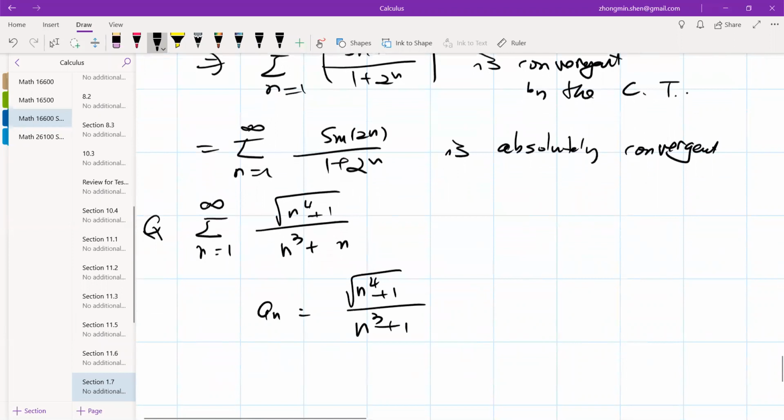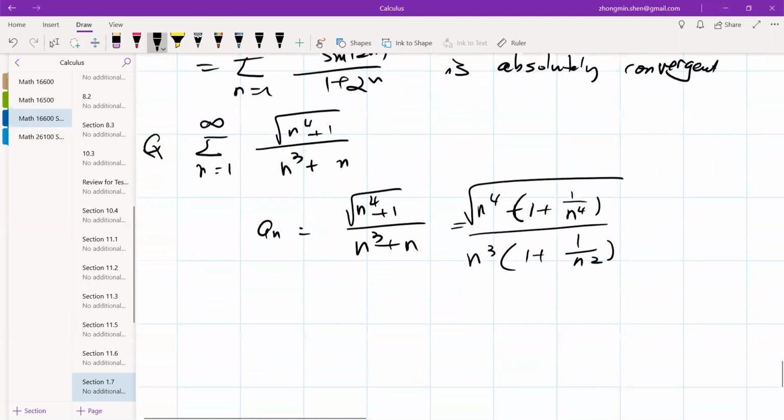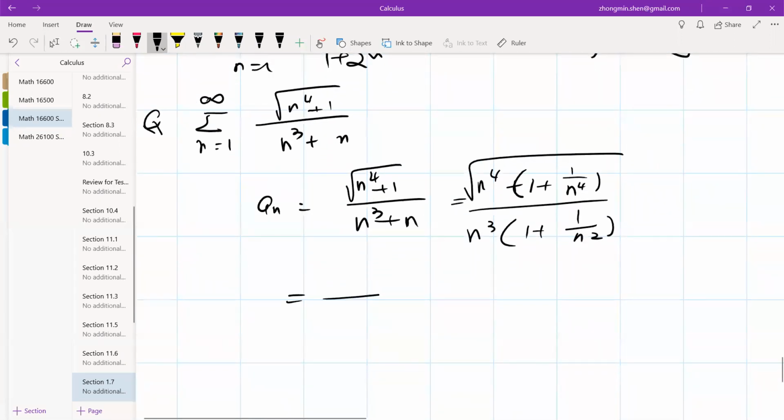Take n to the fourth power out: it's 1 plus 1 over n to the fourth. You can also take n cubed out, so you get n squared here, then n cubed here, and the square root of 1 plus 1 over n to the fourth.